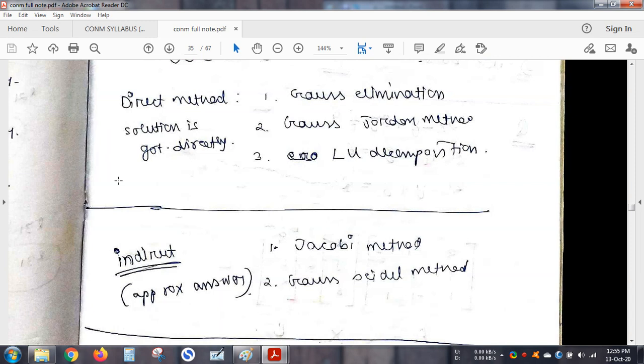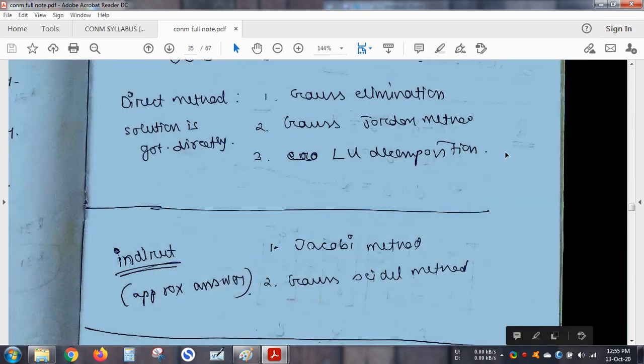So in every iteration you are taking the values from the last iteration and you are putting it to the present iteration to get the next iteration. And this process goes on and you get an approximate answer till the decimal places you want. If you want 3 decimal places, then you will check on 3 decimal places. If you want 5 decimal places, then you will check on 5 decimal places. This is the basic difference between direct method and indirect method.